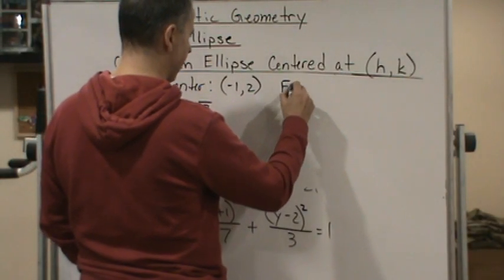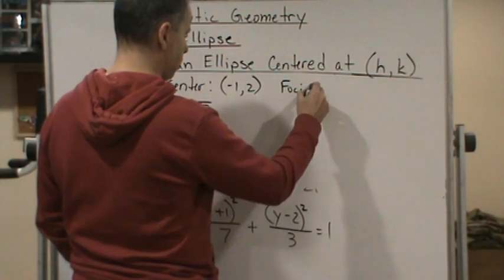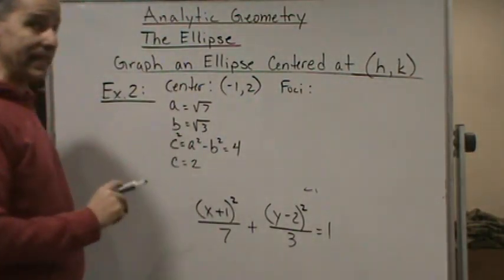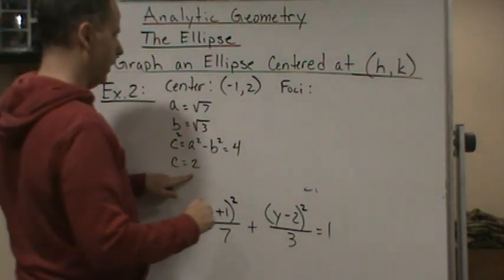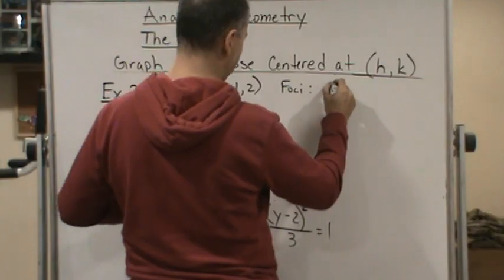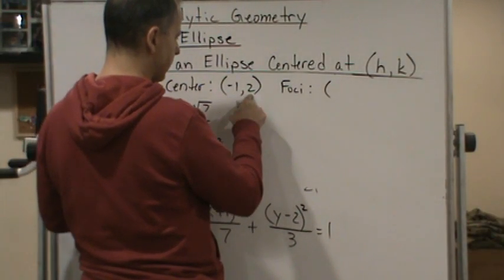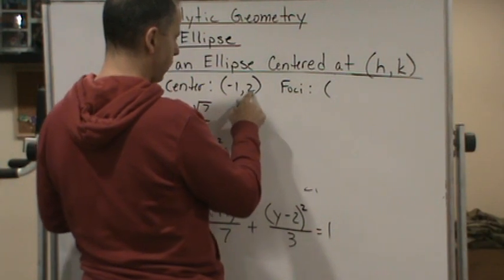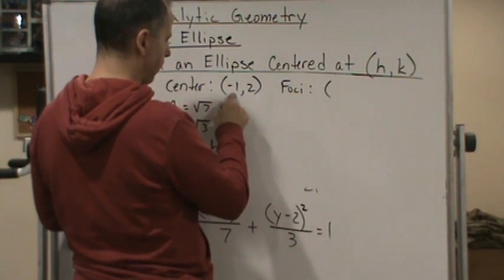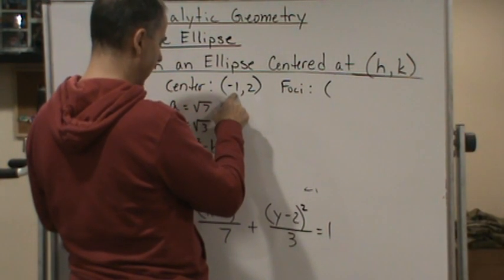So our foci, that's where our c value comes in, 2. And it's horizontal, which means we're going to go in the horizontal direction. Your y value stays the same, but we're going to add and subtract to your x value.